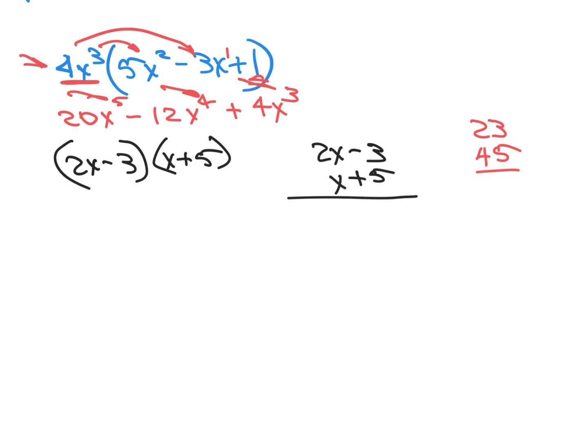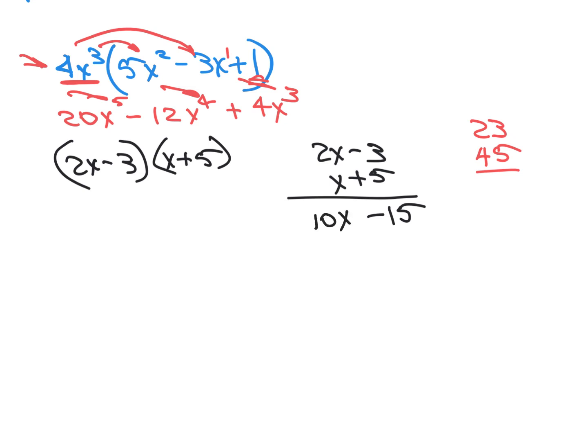So if you had like 23 times 45, in order to multiply those, you multiply first the 3 times the 5, right? Well, that's what we're going to do here. We're going to multiply these. Negative 3 times positive 5 is negative 15. And then when you multiply these two-digit numbers, you multiply this number times this number. That's the same thing we're going to do here. 2x times 5, and we get 10x.